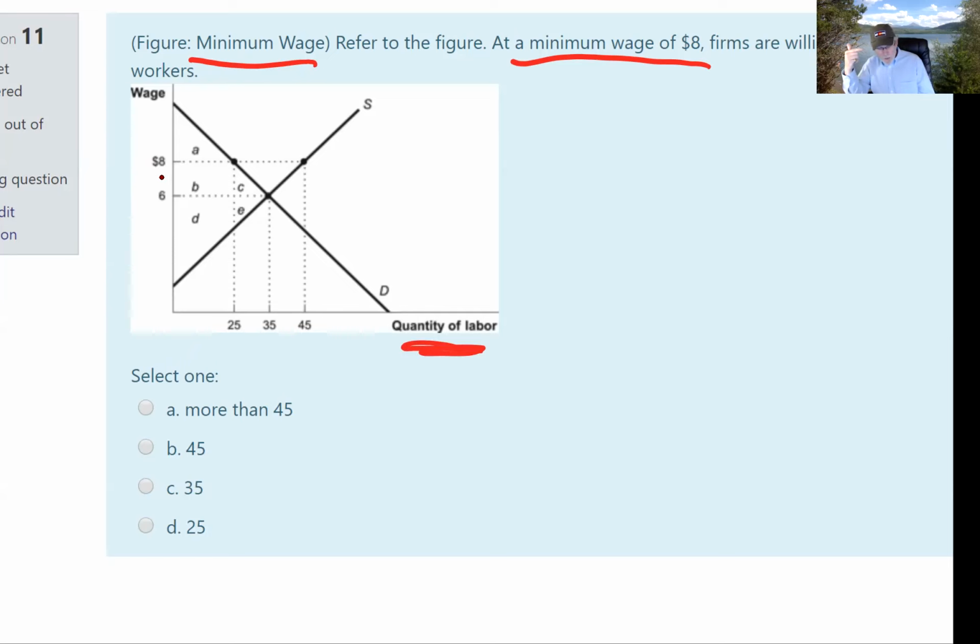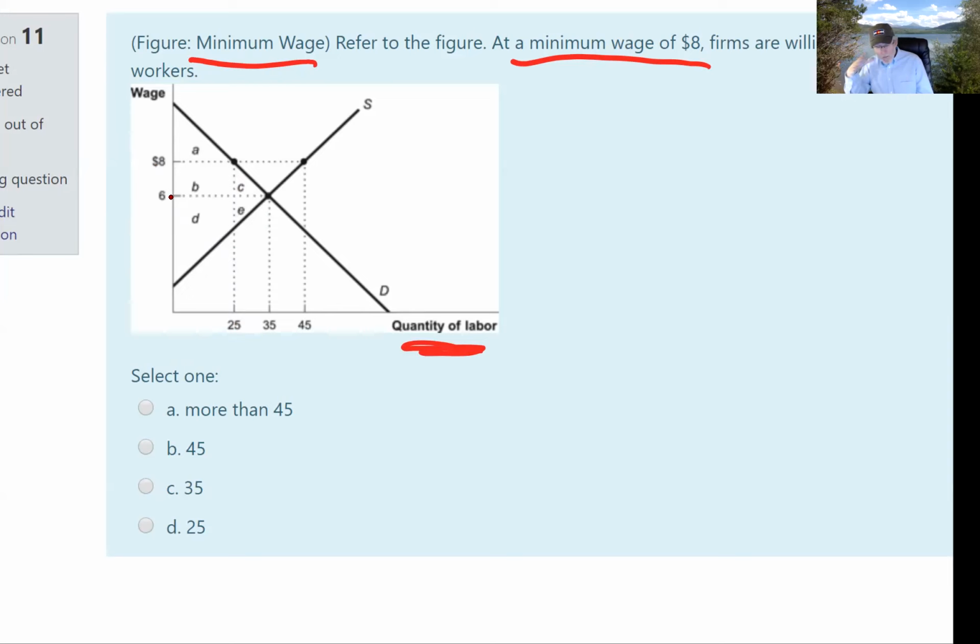Okay. If the wage is 8, they're going to employ 25 people. If it's only 6, they're going to employ 35. Okay. What we want to know is, if the minimum wage is 8, how many workers will firms want to hire?